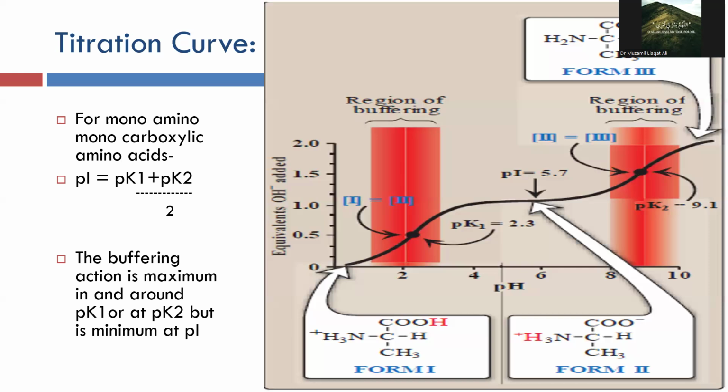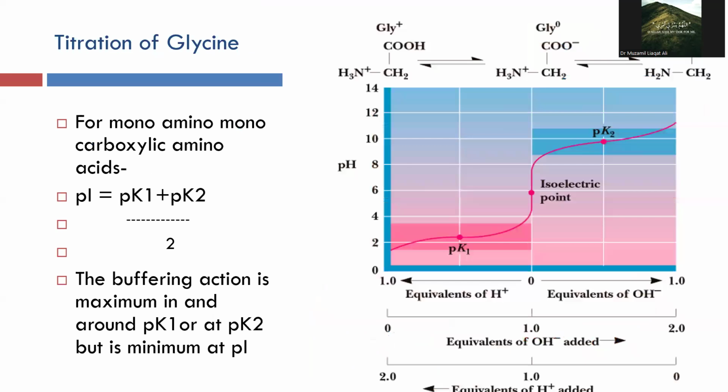So we add both these values and divide by 2: 2.3 plus 9.7, divided by 2, is 6. At the isoelectric point, solubility is minimal. That's why in multiple myeloma, we use electrophoresis at pH 8.6, not at the isoelectric point, to separate immunoglobulins. If we ran at the isoelectric point, everything would precipitate, right?